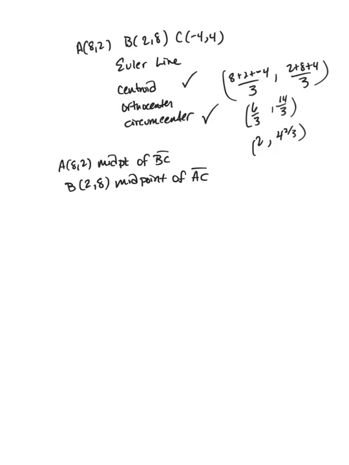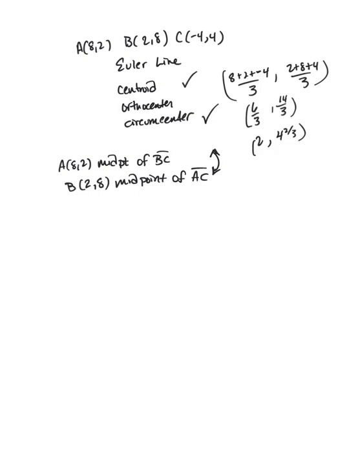Then you get the equation of each of these line segments, and you solve the system, and that would give you the centroid. You could try doing that if you want.